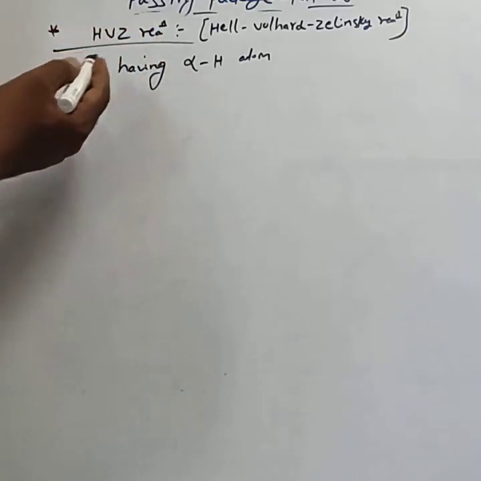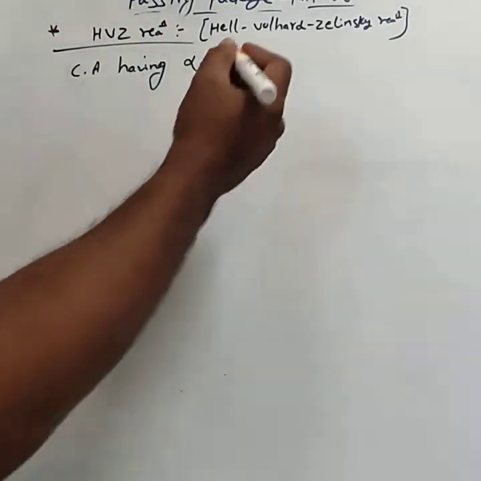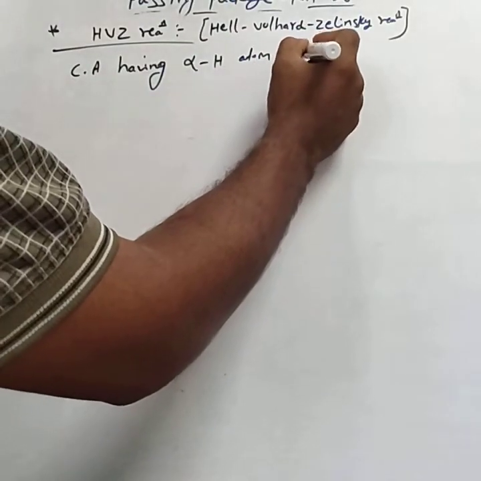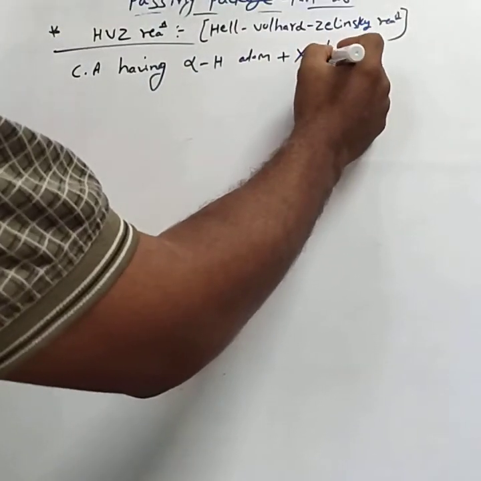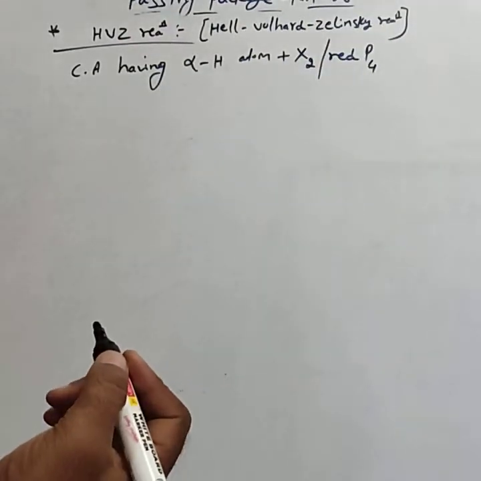The statement of the HVZ reaction is: carboxylic acids having alpha hydrogen atoms are treated with halogen in the presence of red phosphorus.